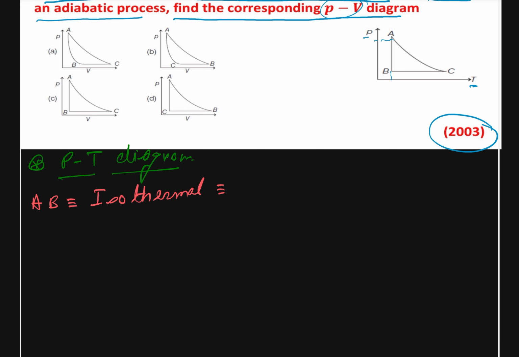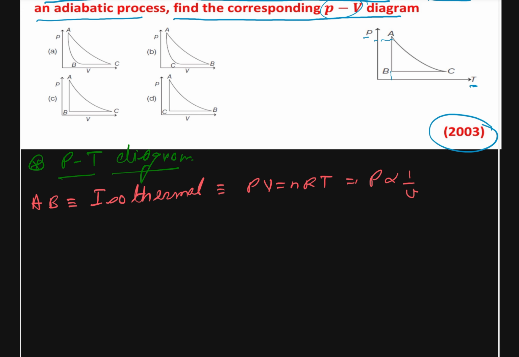From the ideal gas law we can write PV is equal to nRT, and temperature will be constant, therefore P is inversely proportional to volume V. Okay, and later on we can just merge into the PV diagram.